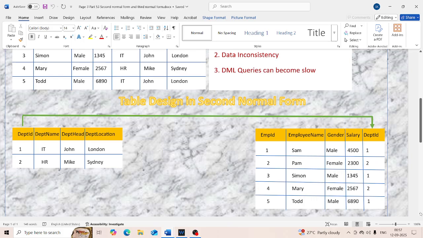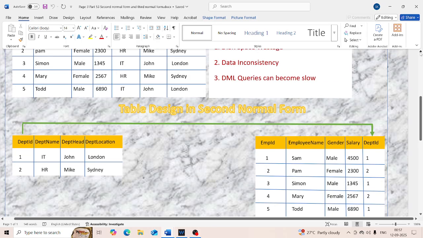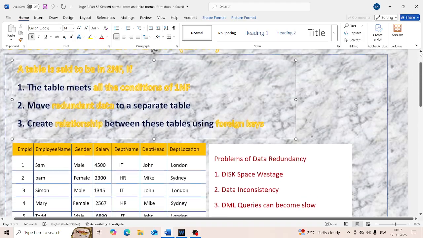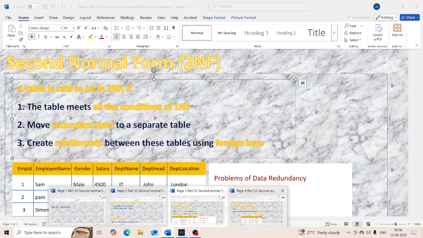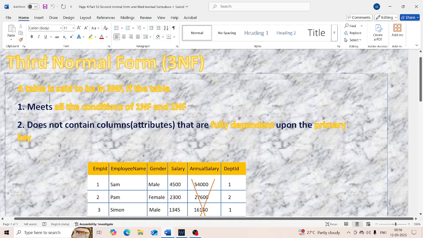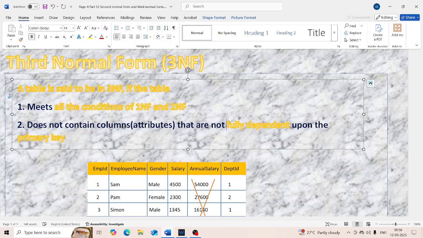Now let's see about third normal form. So a table is said to be in third normal form if the table meets all the conditions of first normal form and second normal form, and then it does not contain columns or attributes that are not fully dependent upon the primary key.